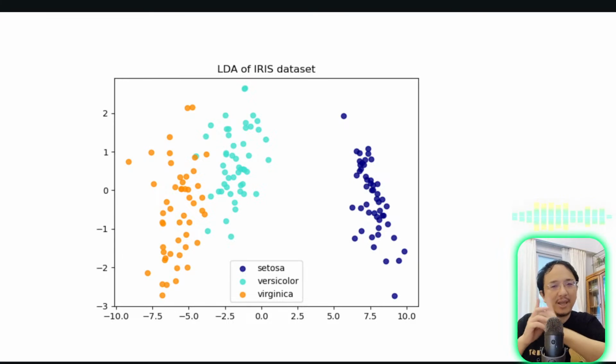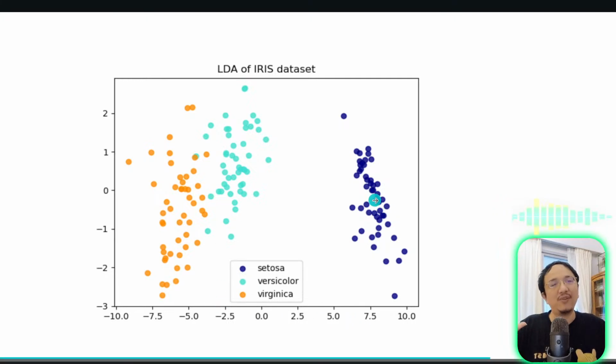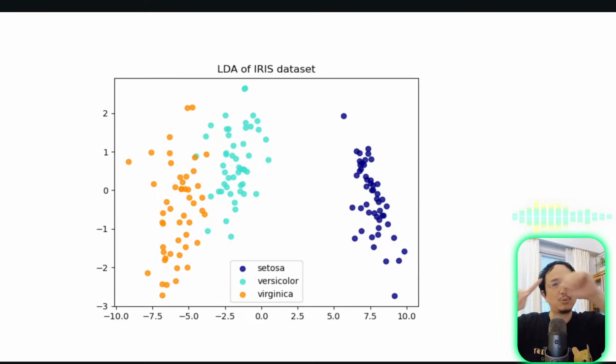We are going to pick the axis that emphasizes the differences between these 3 classes. Because we have 3 classes, we can pick 2 dimensions to emphasize this. If we have only 2 classes, we can only pick 1 dimension, 1 axis. Because we have 3 different classes, we can pick 2 dimensions or 2 axes. So this is called LDA, linear discriminant analysis. It is similar to PCA, but it takes the differences between classes into consideration. If we do so, this is the result.